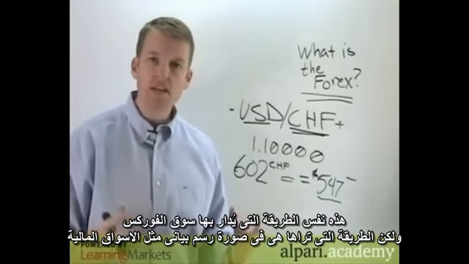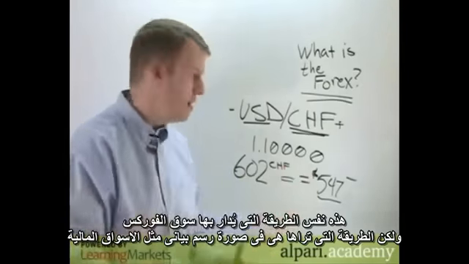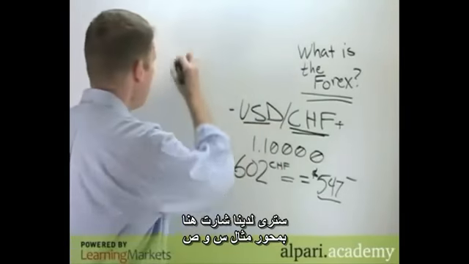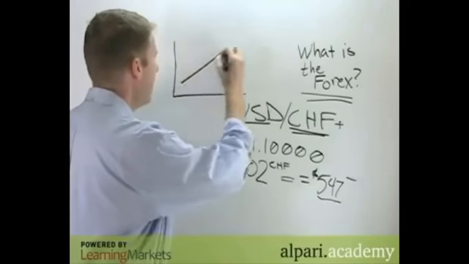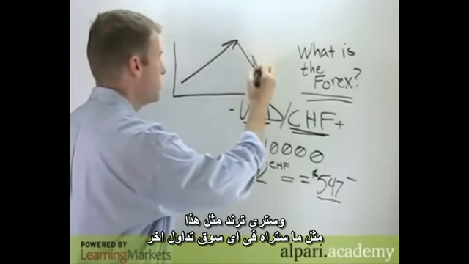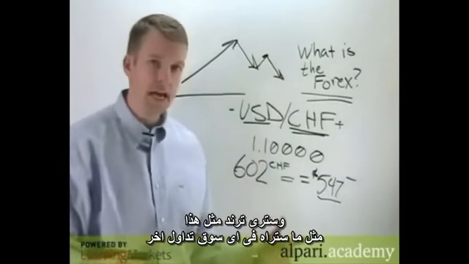Now, the way that you'll see this charted, like any other capital market, is you've got the X and Y axis, and you'll see trends that look like this, just like anything else you would see in any other capital market.